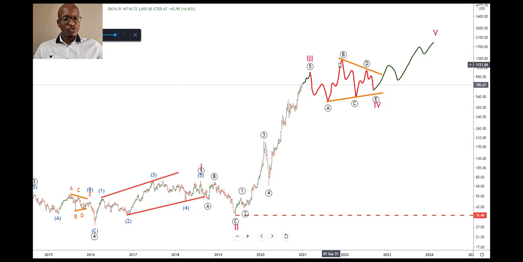Even if the market were to crash here or make a significant pullback, the uptrend is still intact. Whatever correction we see now, it's just a correction within the unfolding 5-wave sequence. So I wouldn't be looking at shorting Tesla.